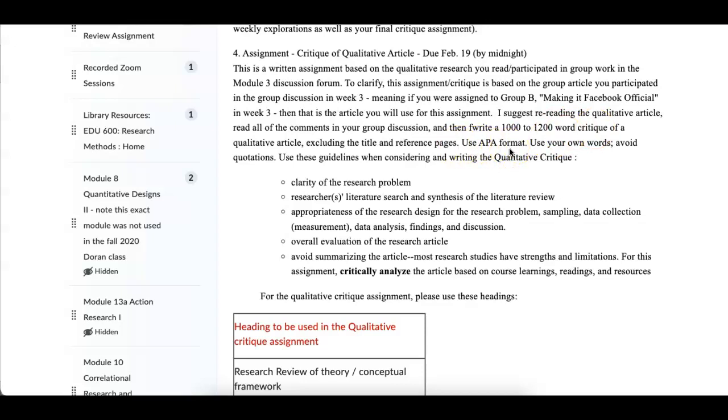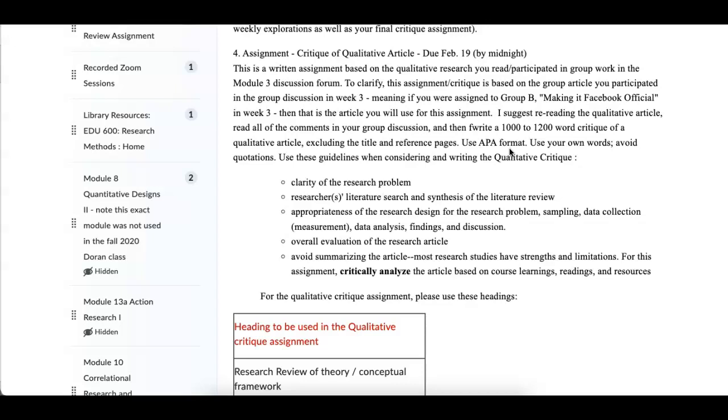Use APA formatting. And a word on APA formatting, I am not looking for perfection, but there are certain things that I am looking for, like in-text citations. In-text citations are important, and the references page. The references are included on the last page, and you put References, capital R, on the last page, and you list the references.